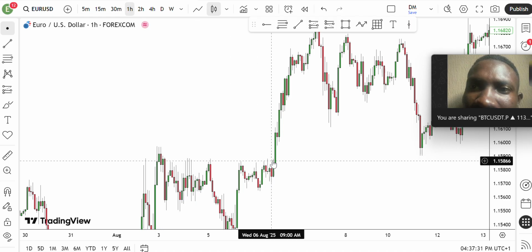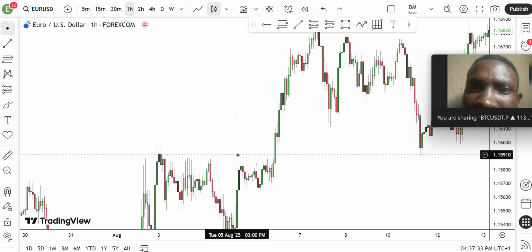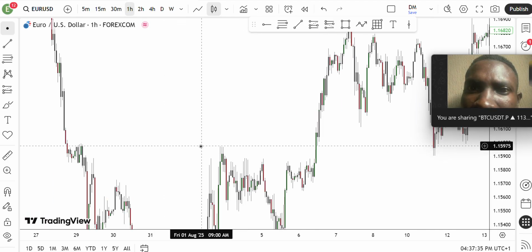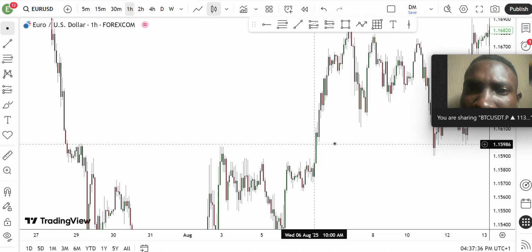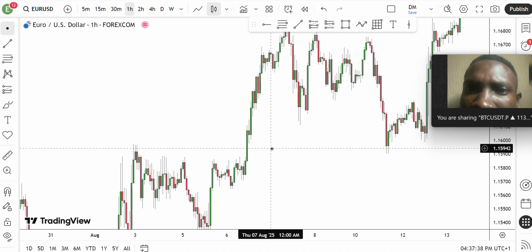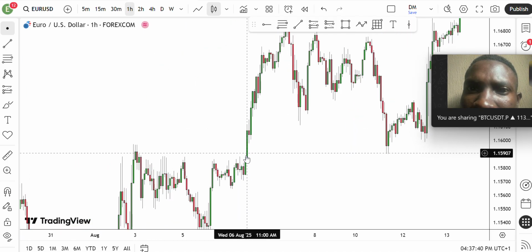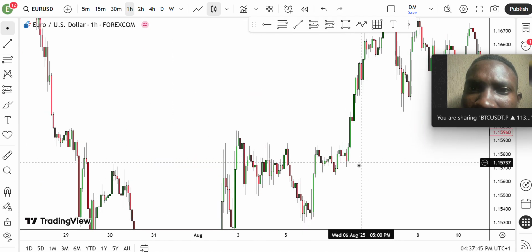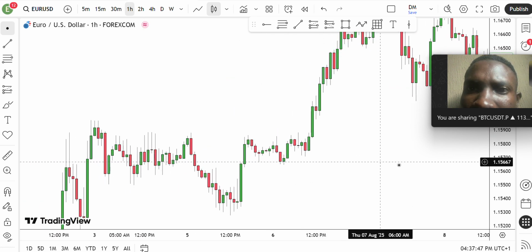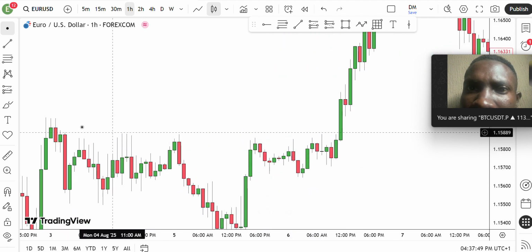So that means there was one supply that price was reacting from. That supply cannot be confirmed until we see the first rejection. Price broke through it. You see the supply.